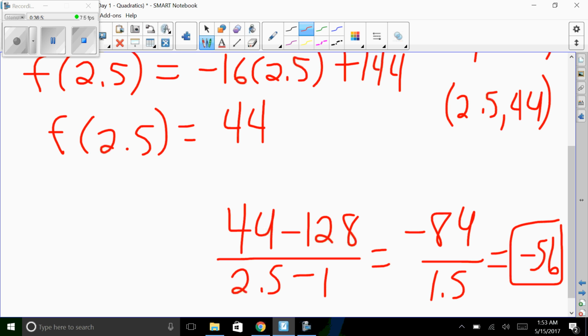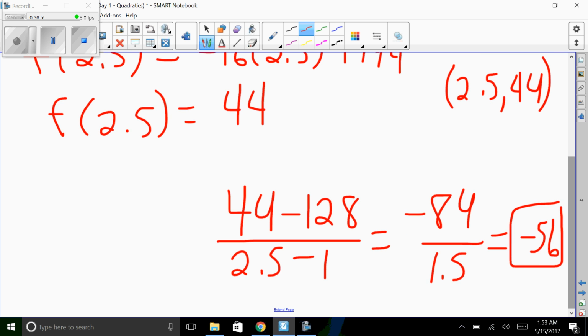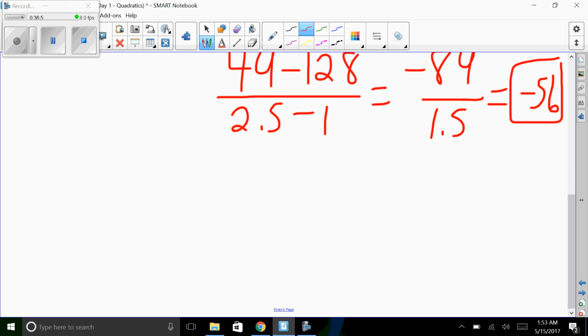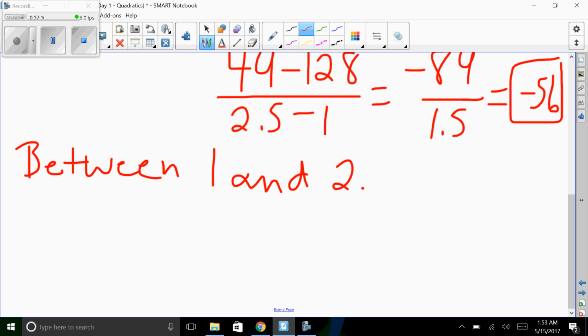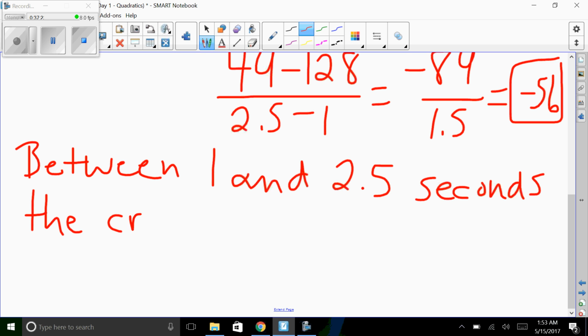So when you write your sentence, instead of saying negative 56, you just say between 1 and 2.5 seconds the crab is, instead of negative, you'll say falling, right?